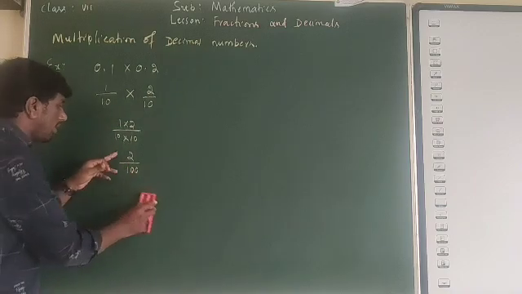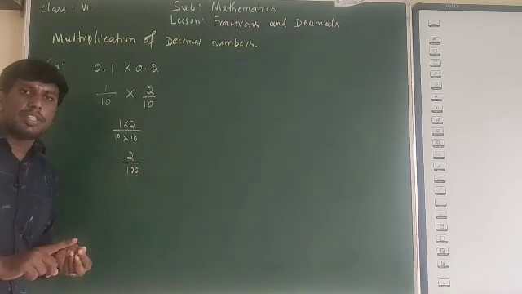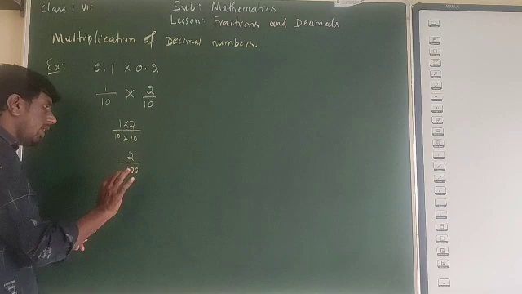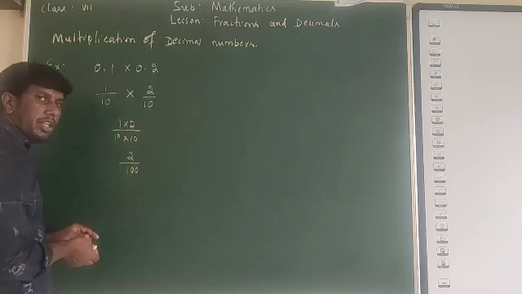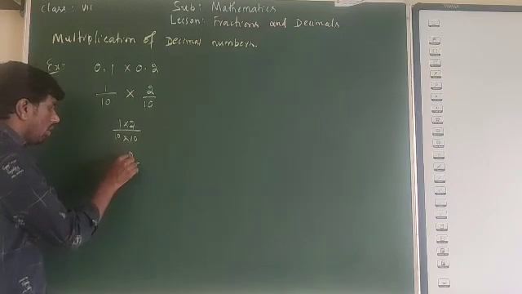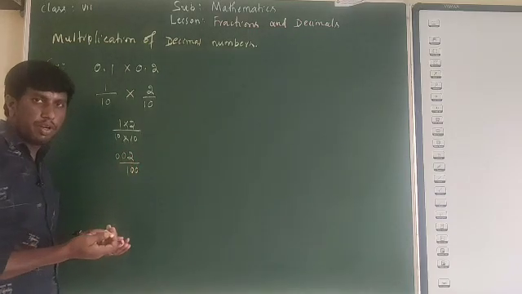If I simplify, I would again need to bring the denominator to 10, 100 or 1000. No need to do that, we'll keep it at this step only. After that, last class I told you that before the number, nothing in the sense I can put how many zeros, right?